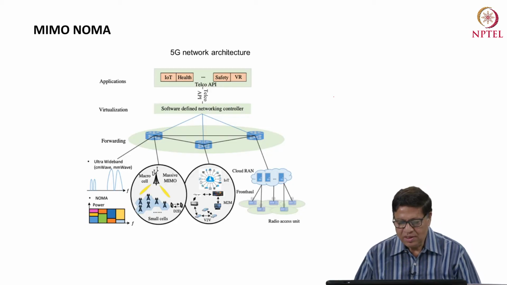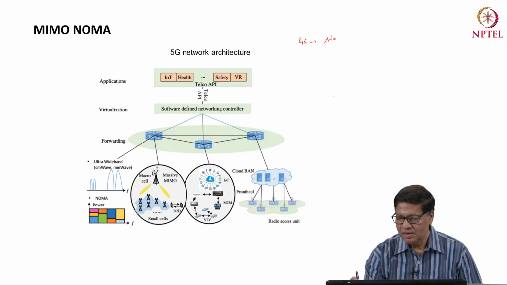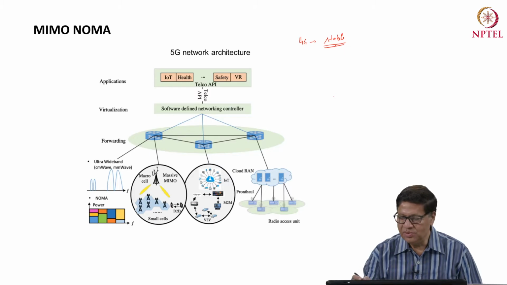So as you see in this slide, this is a 5G network architecture. Currently 4G technology is fairly stable. Different countries are migrating to 5G network, and 5G gives you high data rate as compared to 4G.